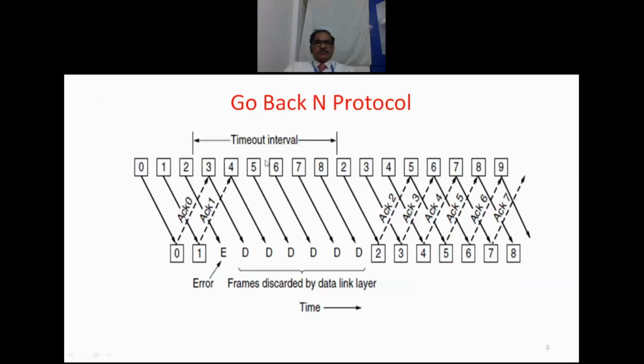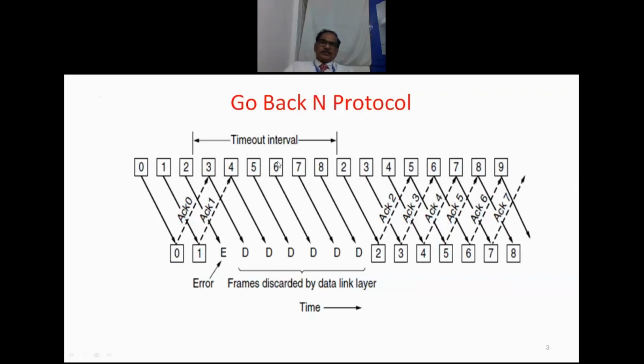By this time, the sender has to receive the acknowledgement for frame 0. If it is received, okay, fine. If not received, then it has to do something else. How it does that, we will discuss.